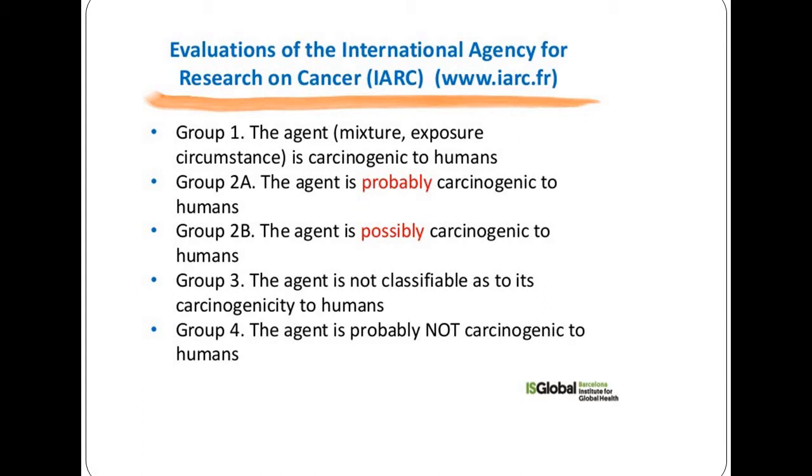Once a compound has been studied elaborately, it will be moved from group 2B to 2A, so it's like a ranking system. Group 3 is not classifiable, and group 4 is not carcinogenic.